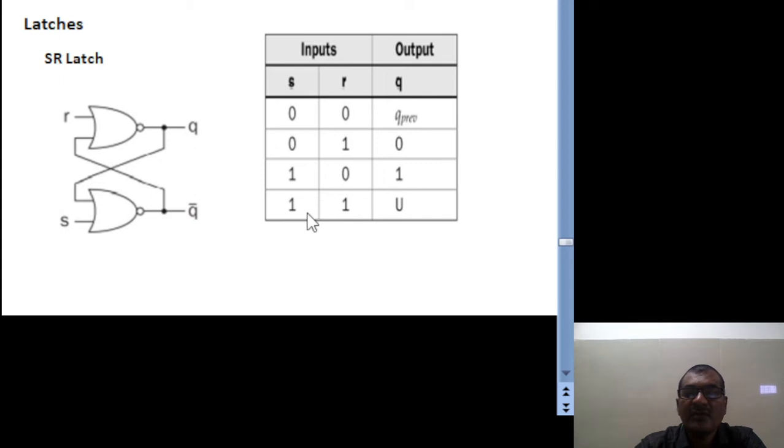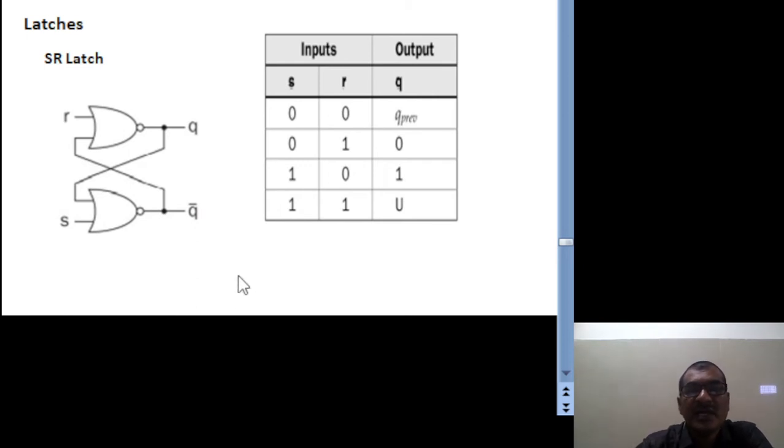And in the 1 1 case, R equal to 1, S equal to 1, the output you can't define whether it is set state or reset state. That's why it is treated as an undefined state. In the 1 1 case, both the outputs Q and Q bar settle at one value.